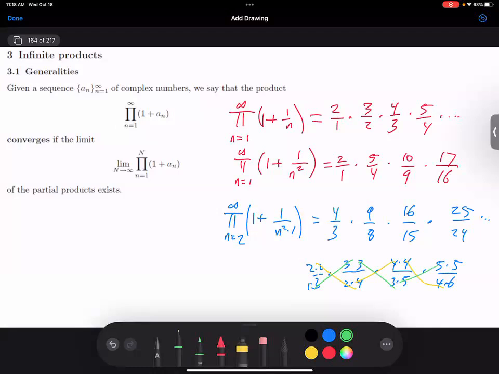And it's looking like 2 over 1 times almost 1. So what do you think this should converge to? So that should go to 2.